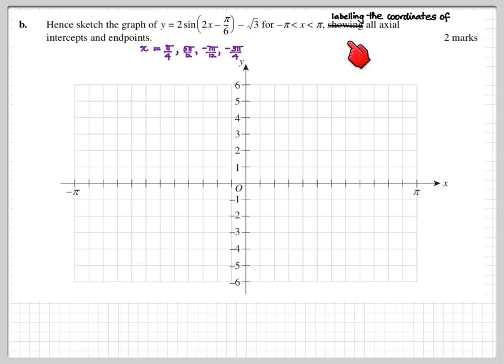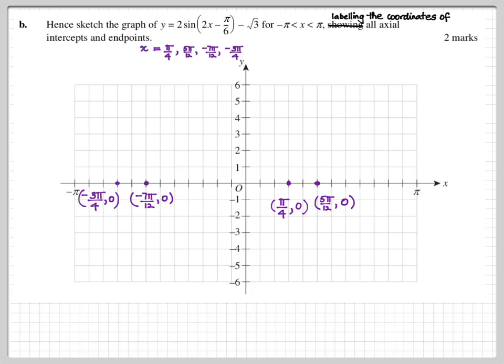It's probably a good idea to label things as coordinates. So I'm going to do that straight away with my x coordinates. So instead of just putting pi on 4 there, it's (pi on 4, 0), (5 pi on 12, 0), (minus 7 pi on 12, 0), and (minus 3 pi on 4, 0). So that's where we could start.